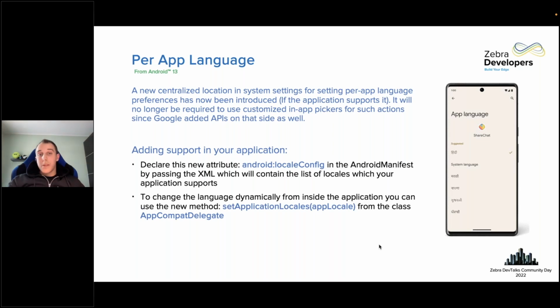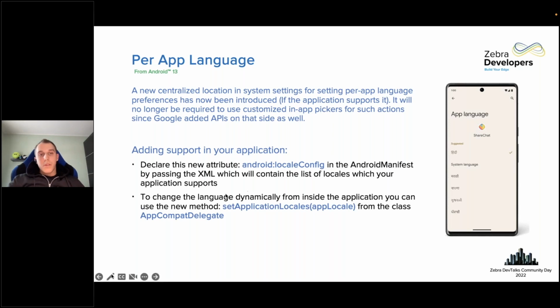And on the development side, it's going to be even easier now to specify which languages your application is supporting. On top of that, you're also going to have the ability to change the language dynamically, directly from your application, programmatically.